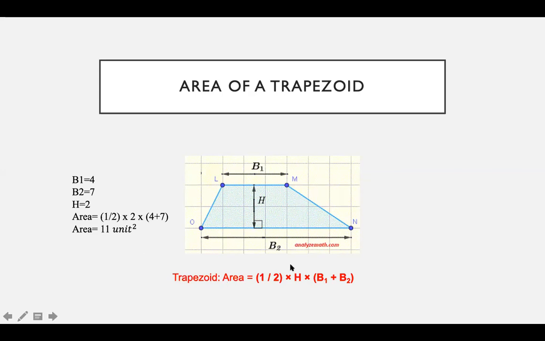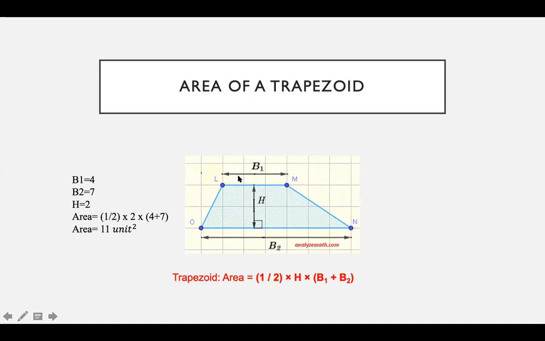Now, to find the area of a trapezoid, the formula is 1/2 times the height times base 1 plus base 2.